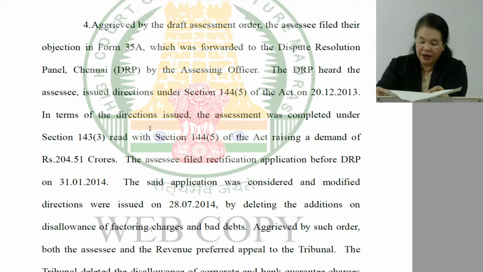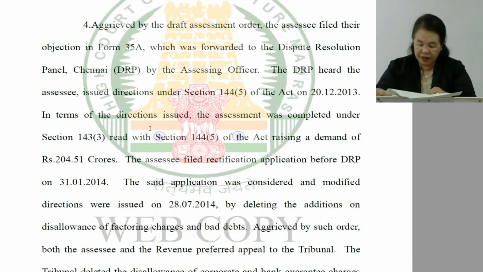So, agreed by the draft assessment order, the assessee filed their objection in Form 35A, which was forwarded to the Dispute Resolution Panel, DRP, by the assessing officer. The DRP heard the assessee and issued directions under Section 144.